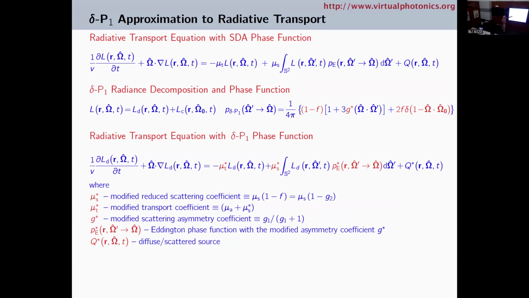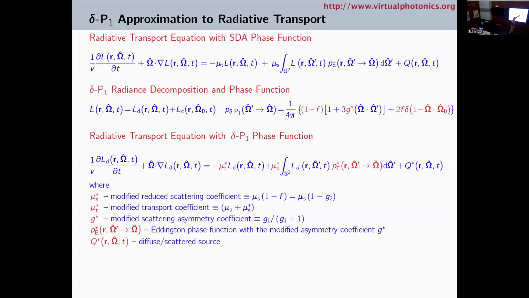Because again, this has to be a normalized probability density function. And we basically have to maintain the conservation of that probability density function while satisfying the demands of the Legendre polynomial at the same time.